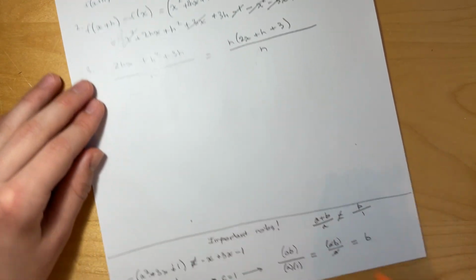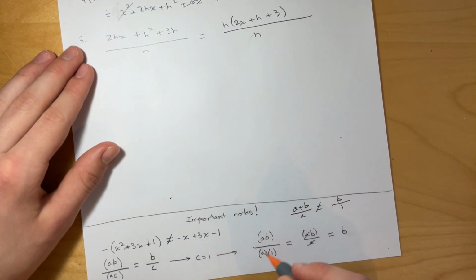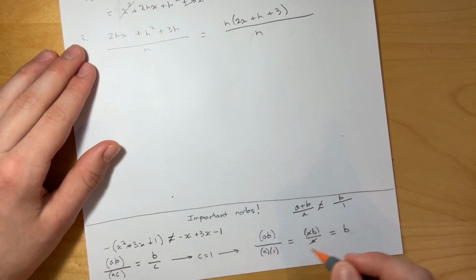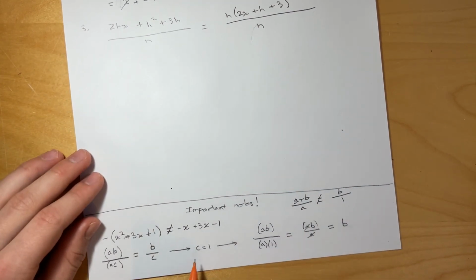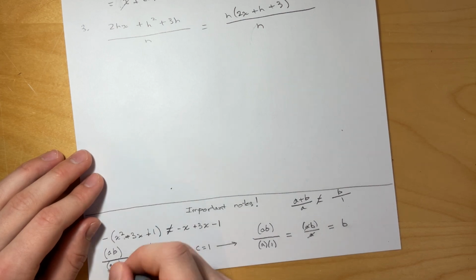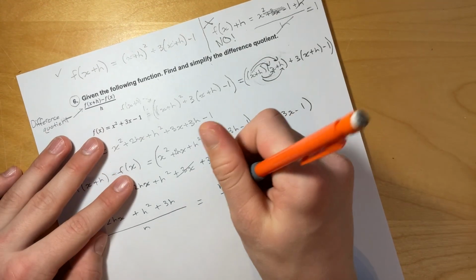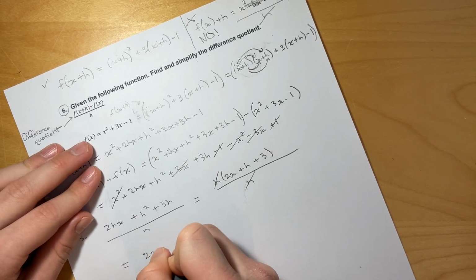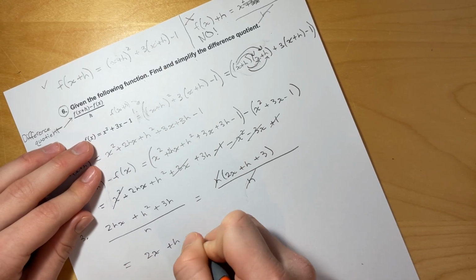So if C equals 1, for example, AB over A would just cancel and become B. So that's because it's a multiplication affair. So since this is multiplied, we can cancel these. And we're left with 2x plus h plus 3.